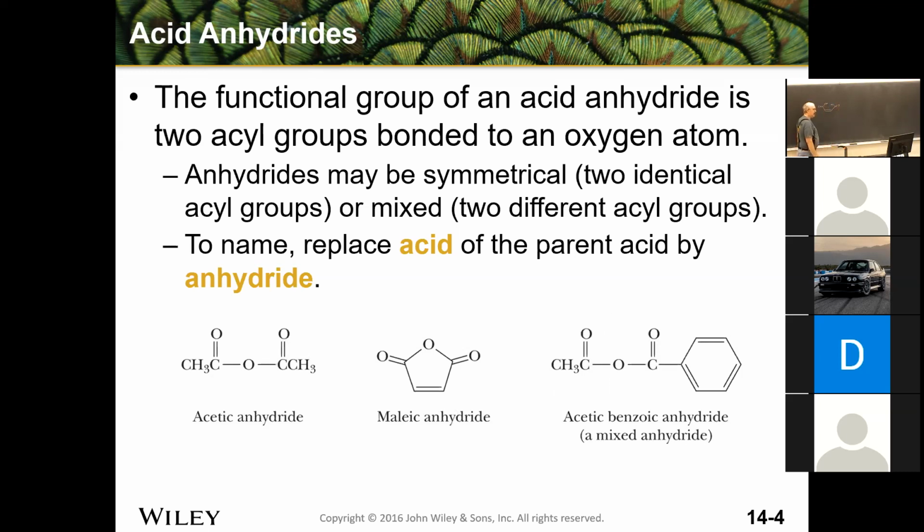This is maleic acid, and the common name specifically refers to the cis isomer. And so if we eliminate water, we close up the ring, then we have maleic anhydride.